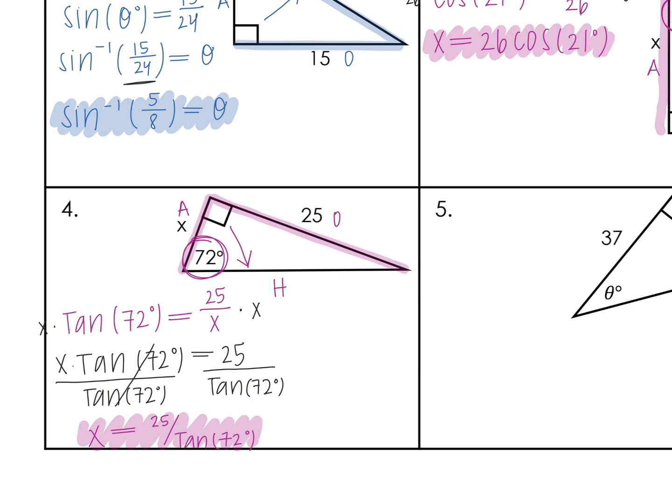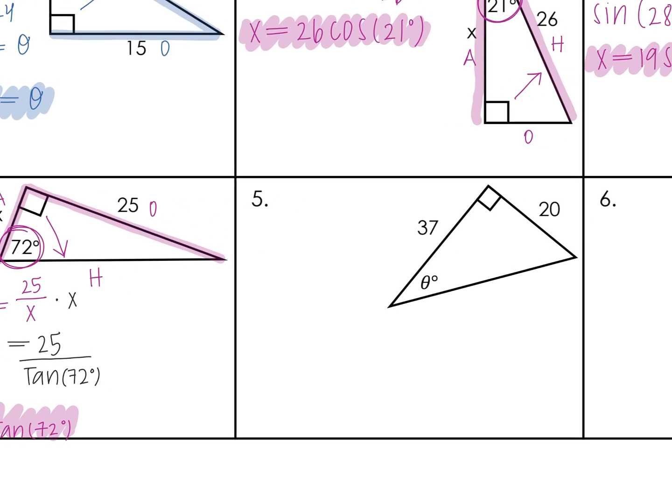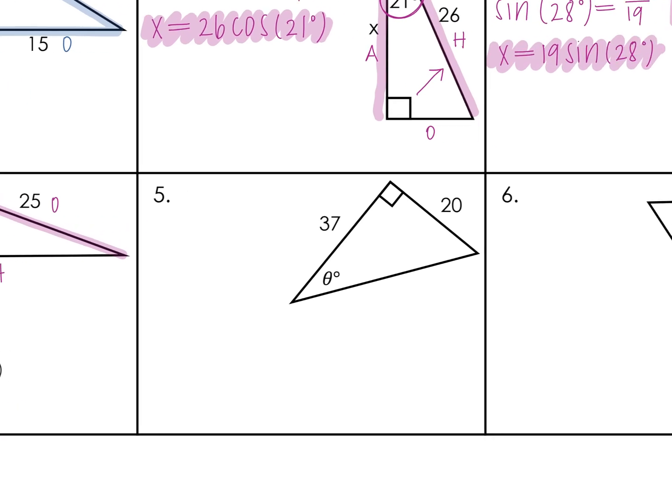All right, let's move on to number 5. I'm going to start off by marking my angle, which is going to be that theta, obviously what I'm looking for. Then we have our opposite, hypotenuse, and adjacent.